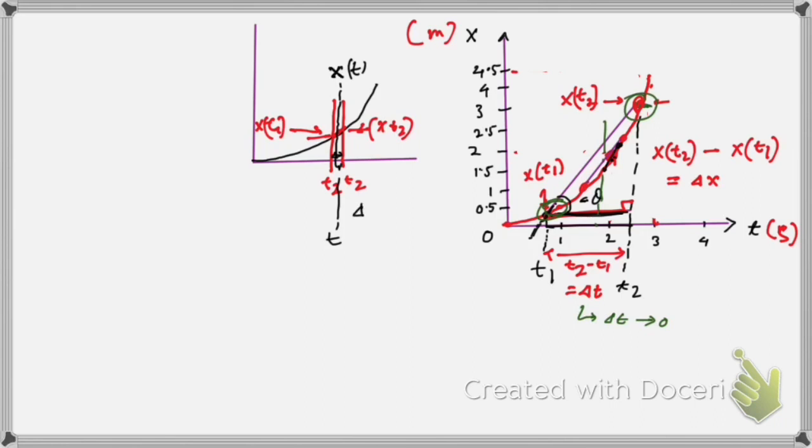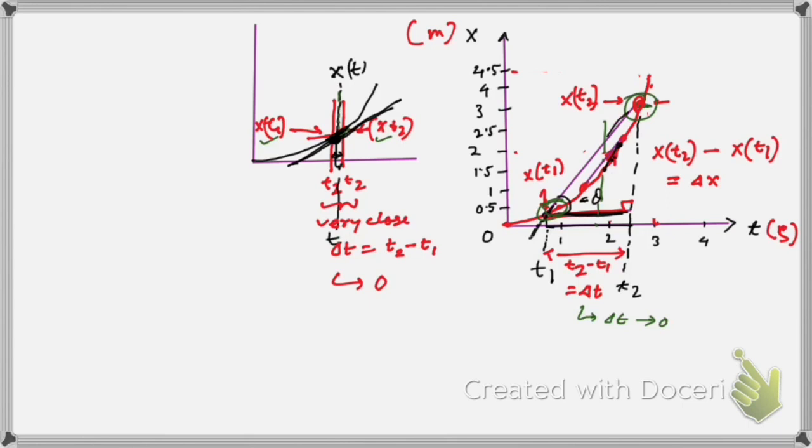Then we can say that del t is very small, del t tends to 0, right? Then the chord joining these two points, x(t2) and x(t1), will almost coincide with the tangent drawn at this particular point.